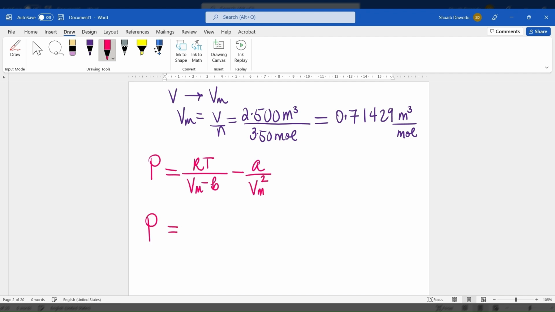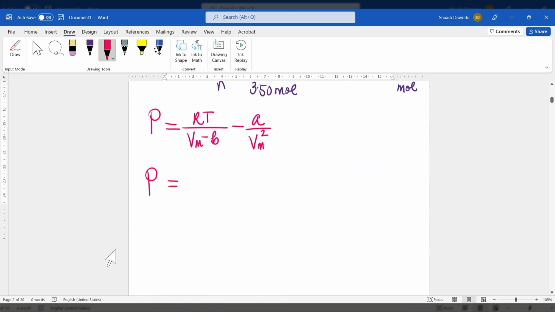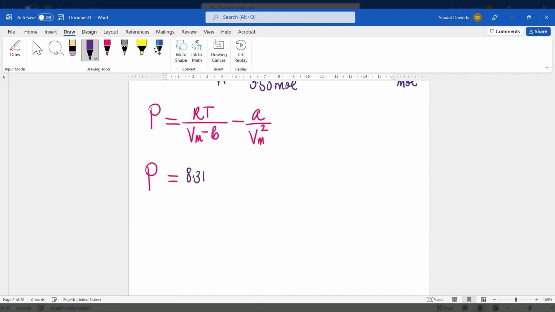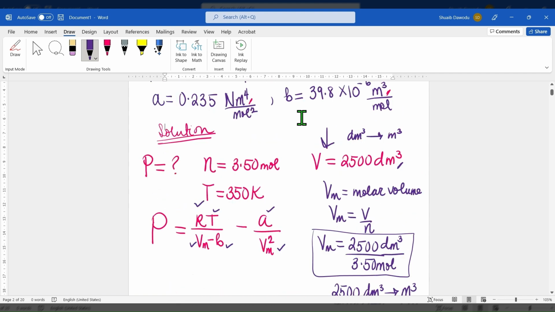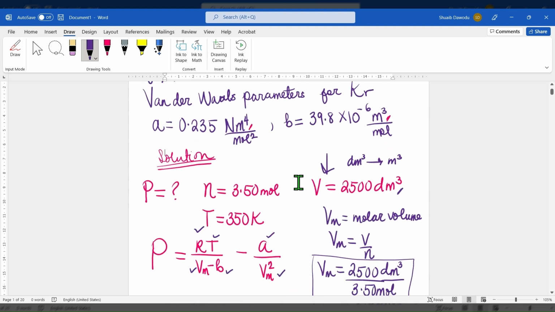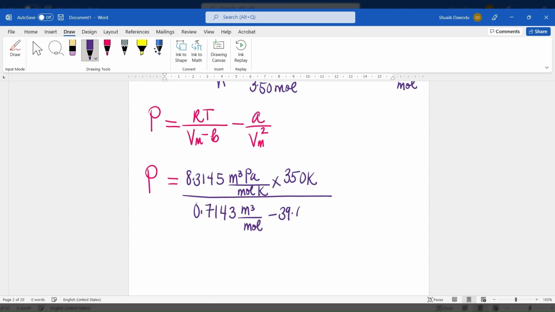The value for R is 8.3145 meter cube Pascal per mole Kelvin, times the temperature, which is 350 Kelvin, divided by V sub M minus B. V sub M, the molar volume, is 0.714, let me just put 3, meter cube per mole, minus the value for B, which is 39.6 times 10 to the power of negative 6 meter cube per mole.